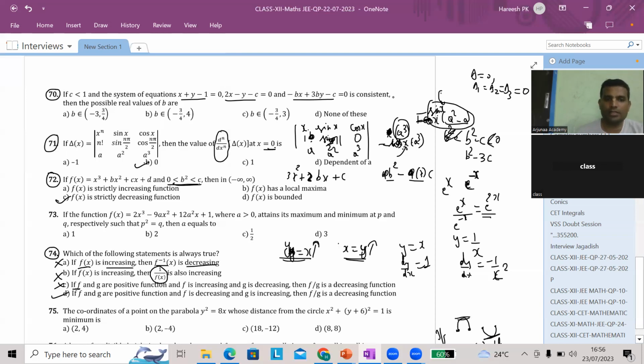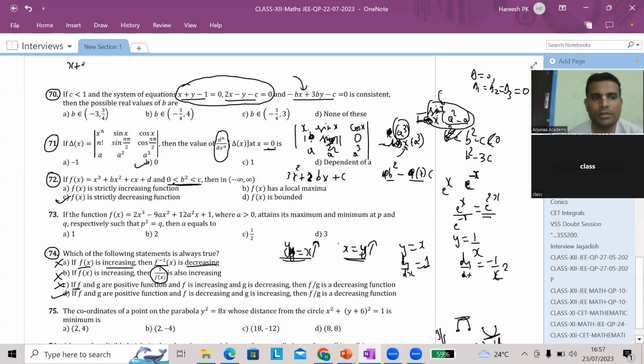I thought there is a z variable also. How many variables are there? Only 2. Delta 1, delta 2 is 0. Okay. So if there are only 2 variables, there are many ways you can solve this. Solve for the point of intersection of these two, and whatever point you get, substitute in the third equation. That also should satisfy. Understood?